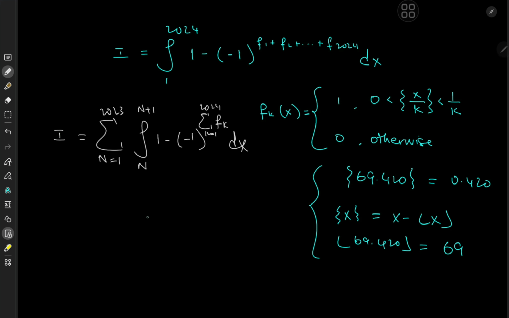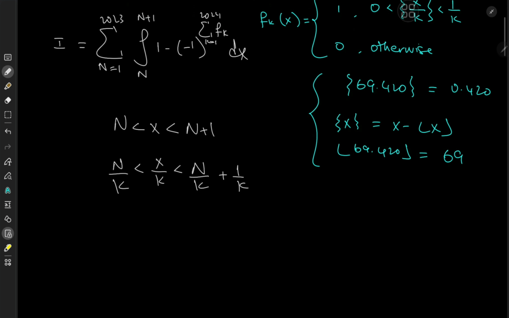So what does it mean when we have x bound between n and n plus 1? Specifically, I'm asking what happens to the fractional part of x over k. Well, x over k is now bound between n over k and n over k plus 1 over k. And recall that f sub k is equal to 1 when the fractional part of x over k is between 0 and 1 over k.